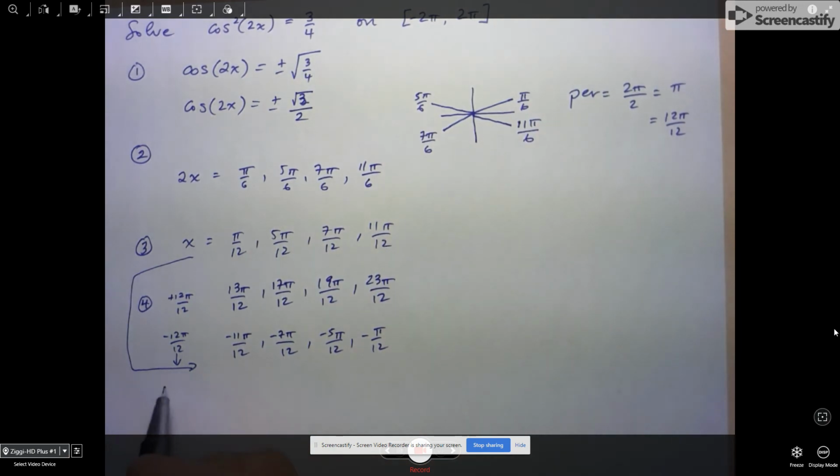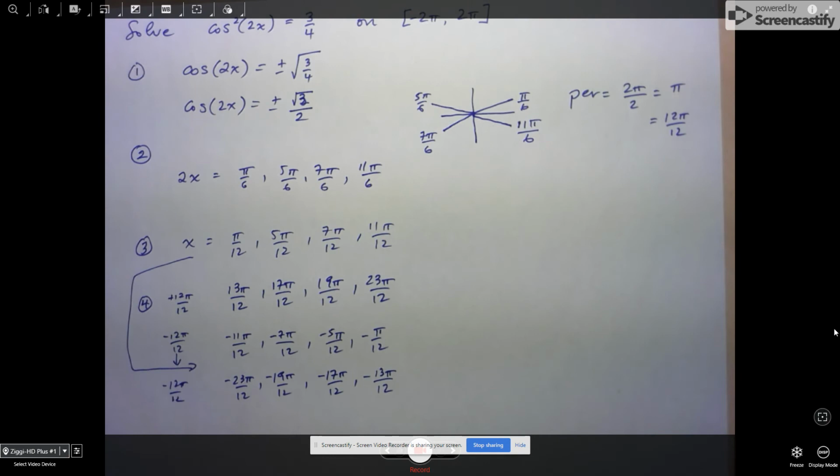Let's keep going. Let's subtract 12 pi over 12 again. So here, what do we get? We're going to get negative 23 pi over 12. This is going to give us negative 19 pi over 12. This is going to give us negative 17 pi over 12. And this is going to give us negative 1 minus 12, negative 13 pi over 12.